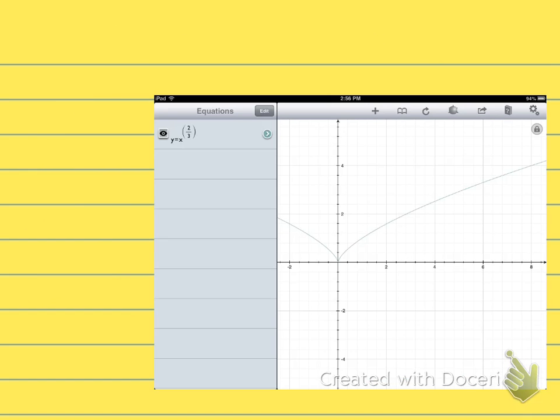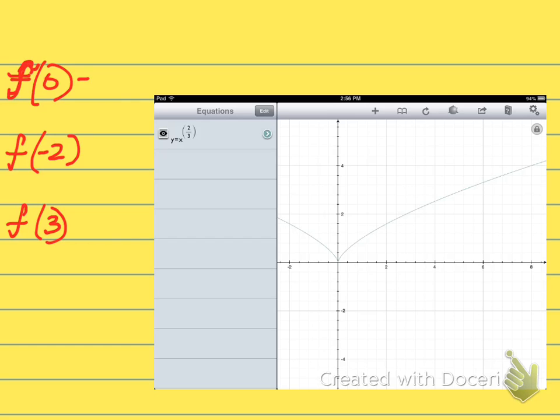So let's take a look. We want to find the function value at each one of these. What is f of 0? What is f of -2? And what is f of 3?